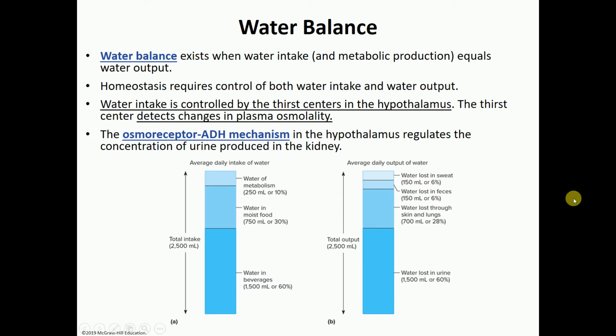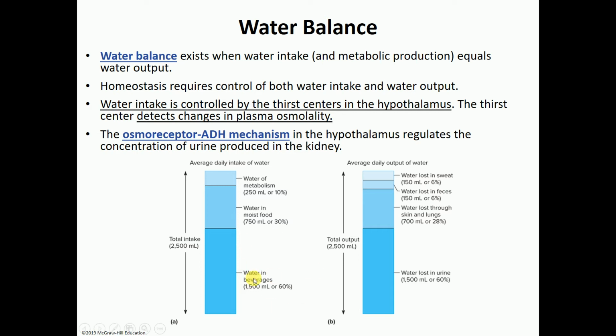But again, the water loss through skin and lungs, through the lungs by exhalation and the skin through perspiration, represents about 28% of water loss every single day. On average, again, the total output is about 2,500 milliliters or 2.5 liters, and you see how they are supposed to be equal. But obviously, this is in perfect conditions, but things change.